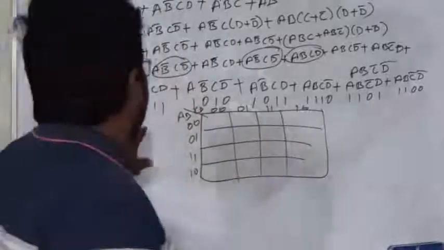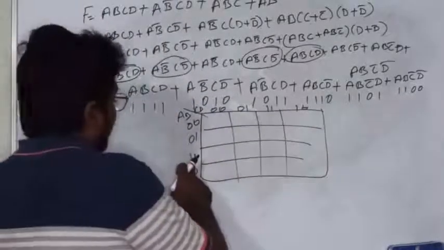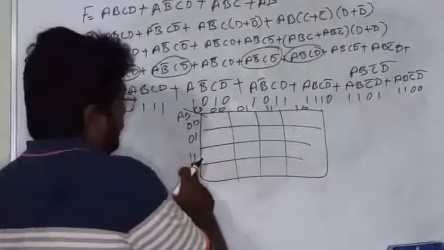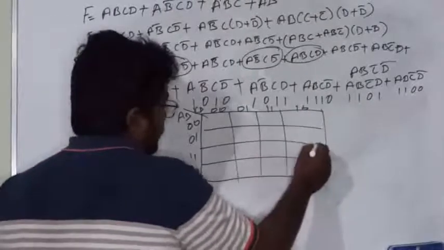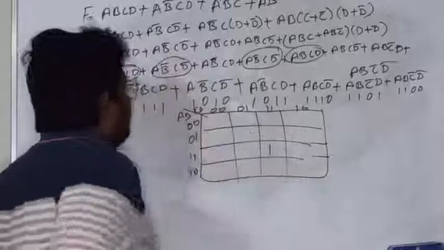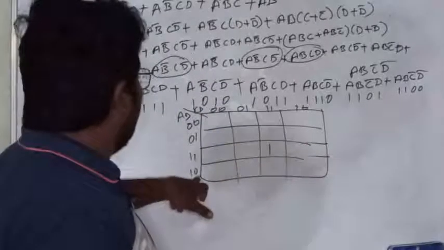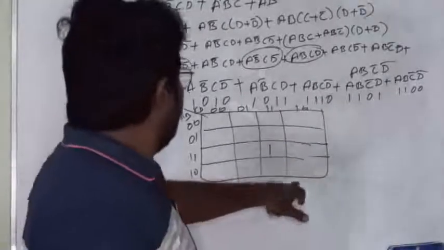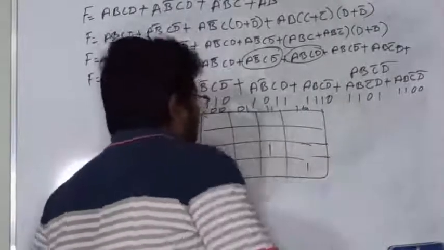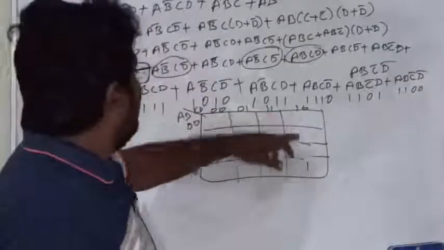The first one is 1, 1, 1, 1. So A and B are 1, 1 and C and D also 1, 1. So this is 1. The next one is 1, 0, 1, 0. So A is 1, B is 0 and C is 1, D is 0. So place 1 here.